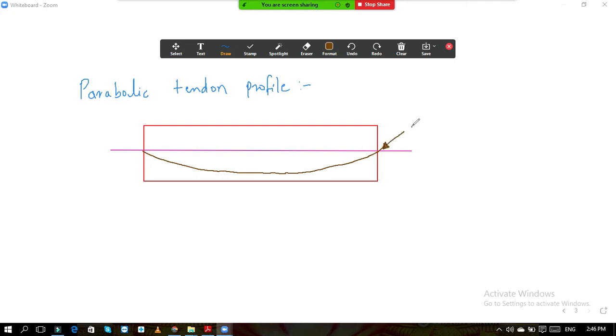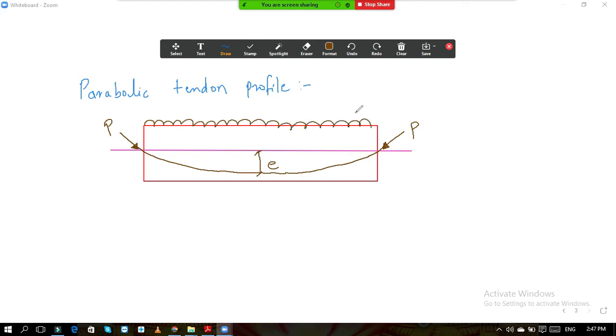Here your stressing force P is acting, here also your stressing force P is acting. So the maximum distance, this is eccentricity E. And this parabolic tendon is there when normally UDL is there.